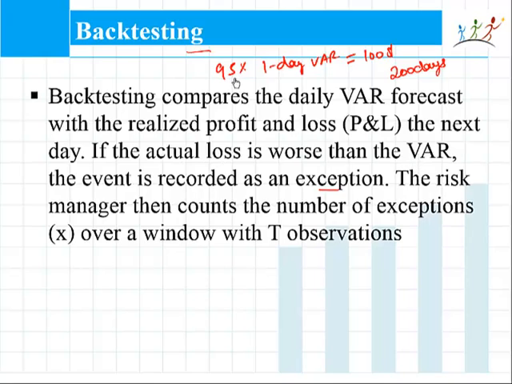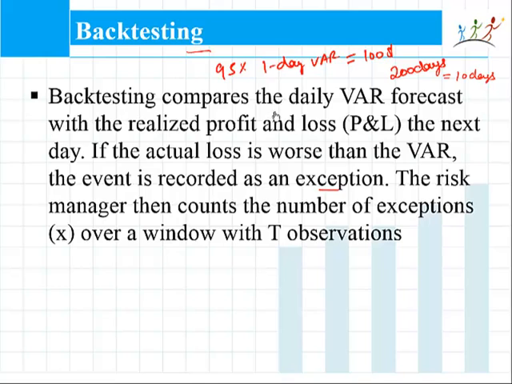Since it's a 95% one-day VAR, in 200 days, 5% of the times we will see the VAR getting exceeded. So 5% of 200 is 10 days. That is, in 200 days, approximately 10 days the loss should be higher than the VAR estimate, otherwise my VAR calculation is incorrect.